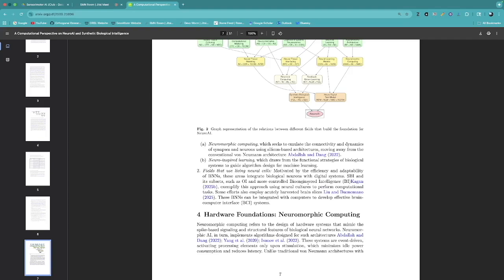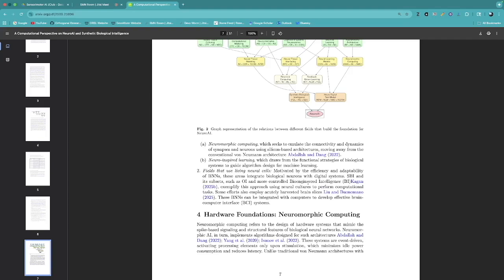So this, of course, is organoid intelligence and bioengineered intelligence. This is where you're using organoids or some sort of cell culture to build these systems that can process information in a way that's similar to what the in vivo nervous system does.